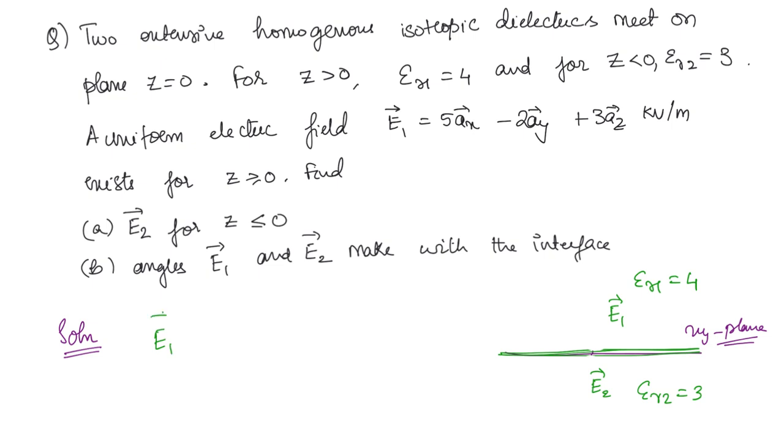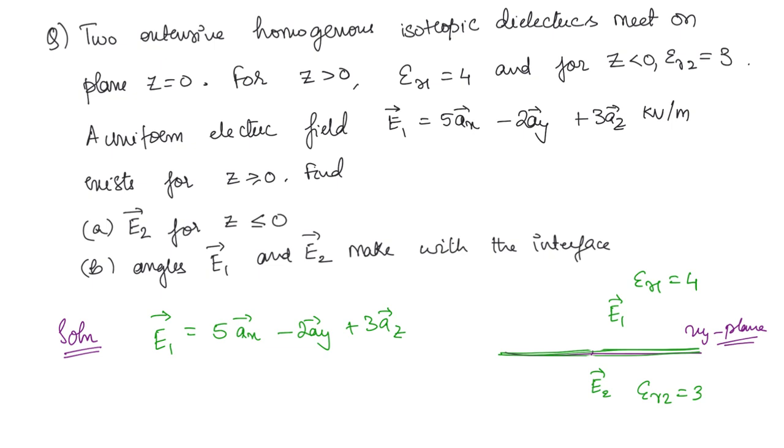E1 bar is given as 5ax bar minus 2ay bar plus 3az bar. Now the first step is to divide this into the tangential and the normal components. What will be the normal to the xy plane? The unit vector normal to the xy plane is nothing but in the z axis direction, right?